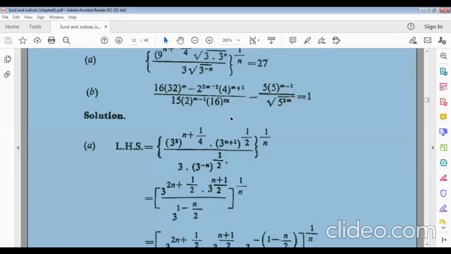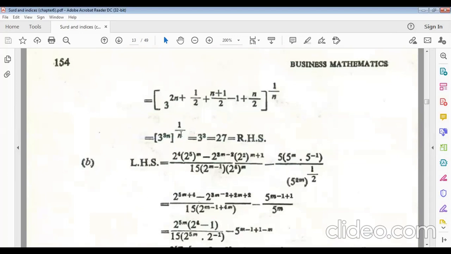So this is the result. 3 to the power thrice n to the power 1 by n. 3 cube means 27. This is actually the right hand side.